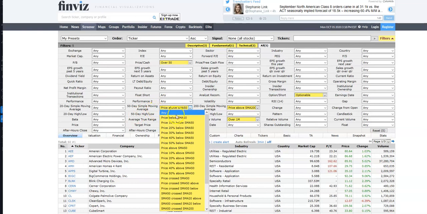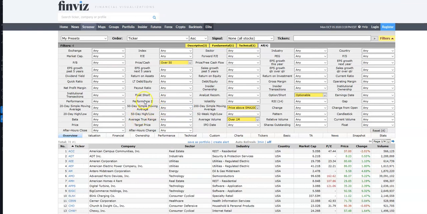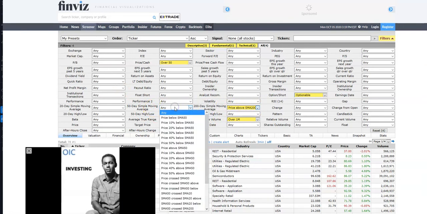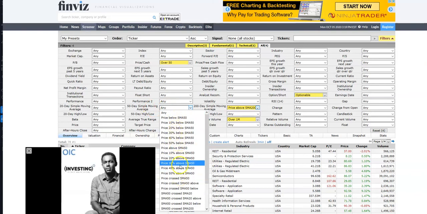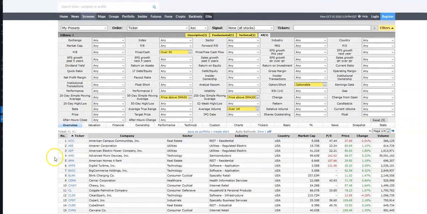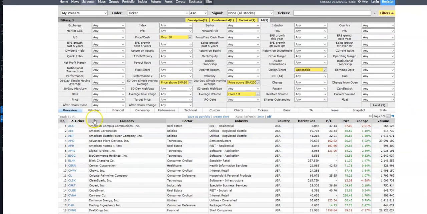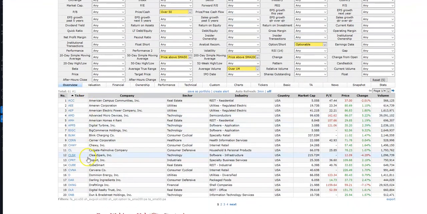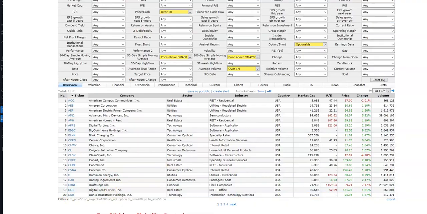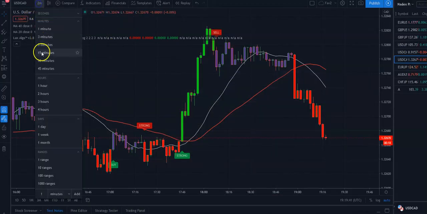Okay, it's not a good one to use here. Here it is, price above the 200, and you don't have the 20 option, so that's why I picked 50. These are the options you get, I mean potential stocks. So let's say I want to find another option, I can put any of these symbols. Let's try this one, DB on the daily.